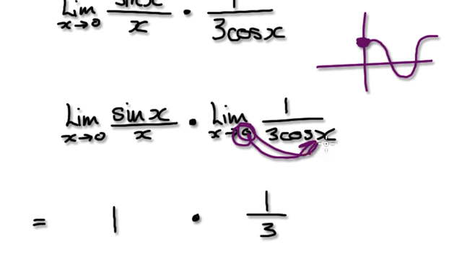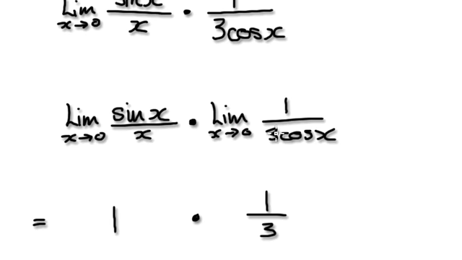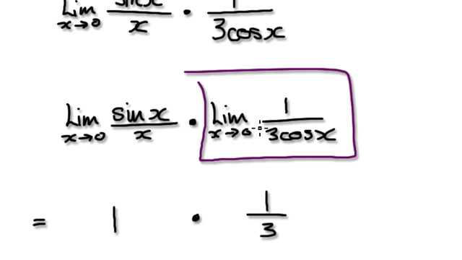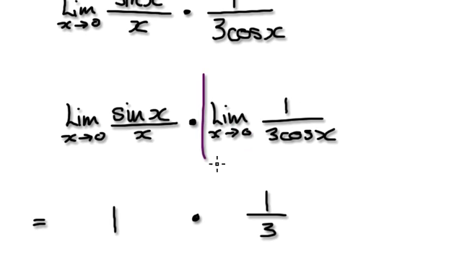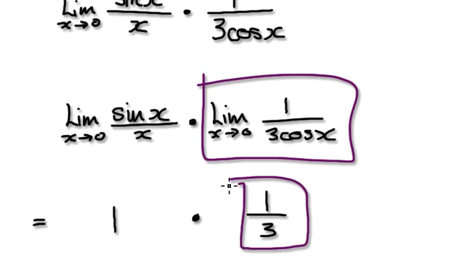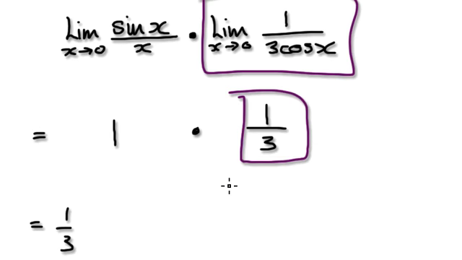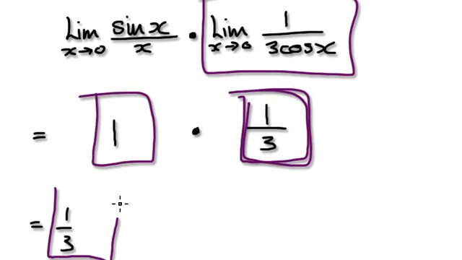So when you put 0 into here, cos of 0 is 1. So you've got this 1 here times 3 here. So here nothing breaks down. So you can simply just put 0 into here. Nothing breaks down. So this limit here will be a third. So your overall answer will be 1 times a third, which is a third.